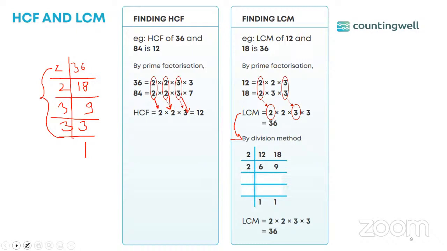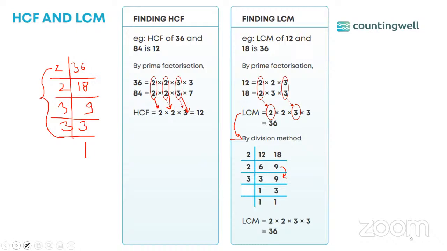So we have 2 threes are 6. And since we cannot divide 9 exactly by 2, as we cannot get an integer, that's why we copy 9 as it is. Now we find a number which exactly divides 3 and 9. So we have number 3. 3 ones are 3 and 3 threes are 9.